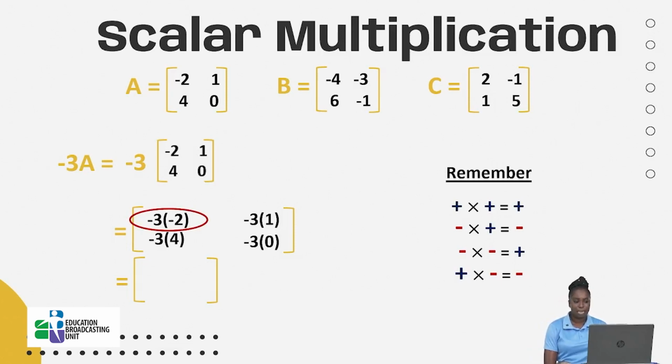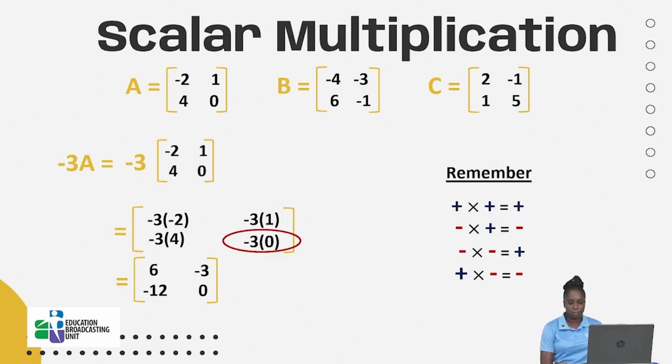So -3 times -2, negative times negative is positive. 3 times 2 is 6. -3 times 1, negative times positive is negative. 3 times 1 is 3, so it's -3. -3 times 4, negative times positive is negative, so our answer is going to be negative there. 3 times 4 is 12, -12. -3 times 0 is simply going to be 0, because there's no such thing as -0.